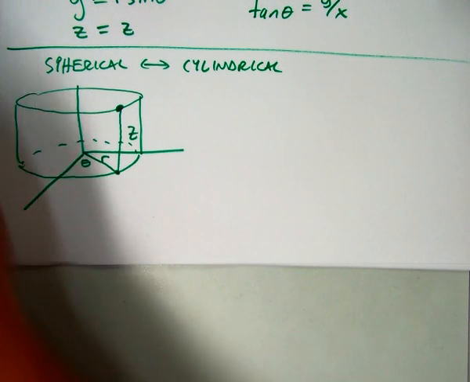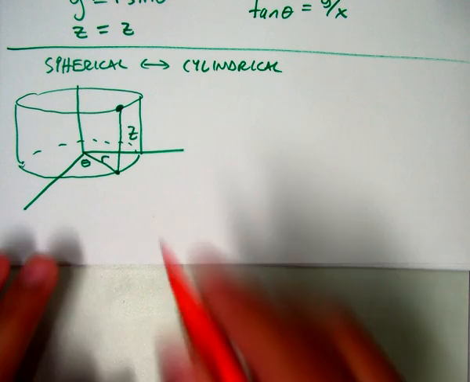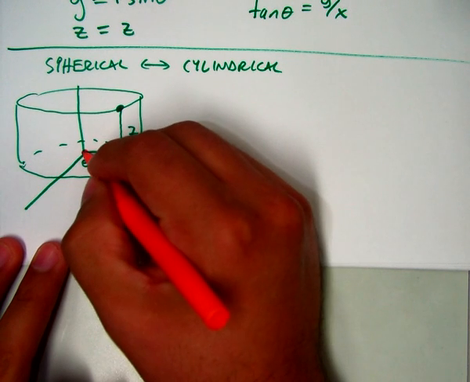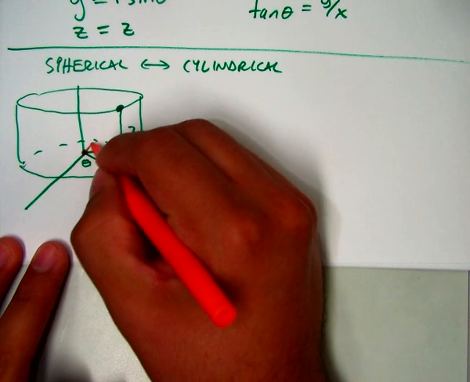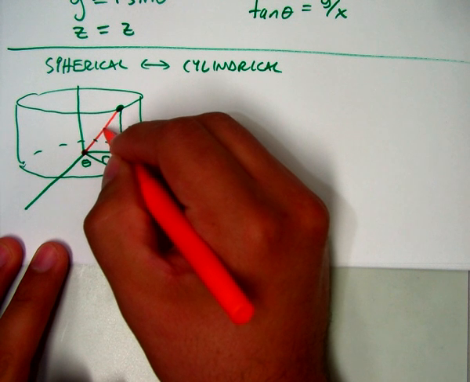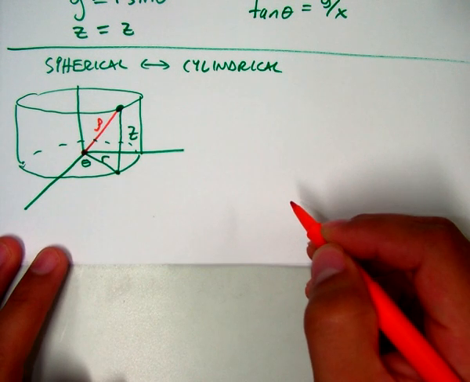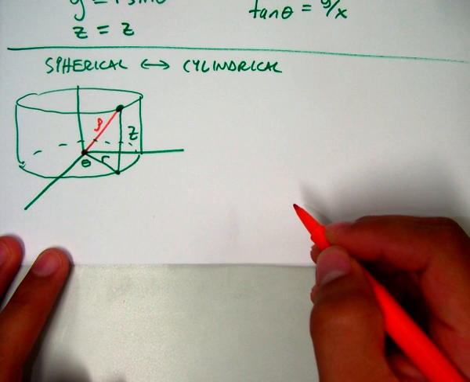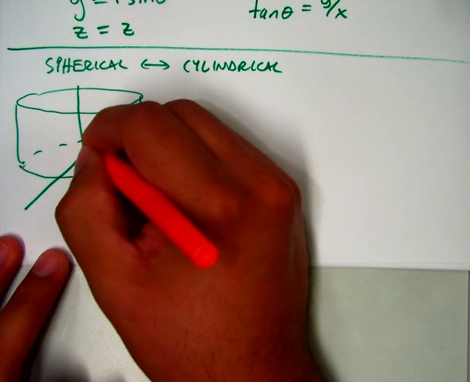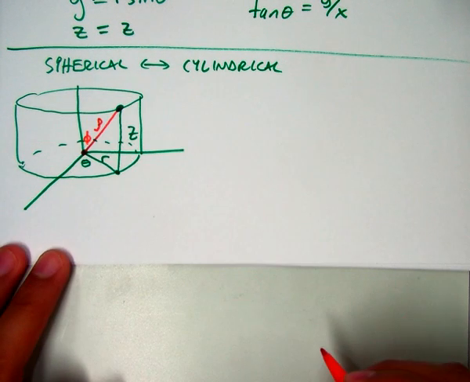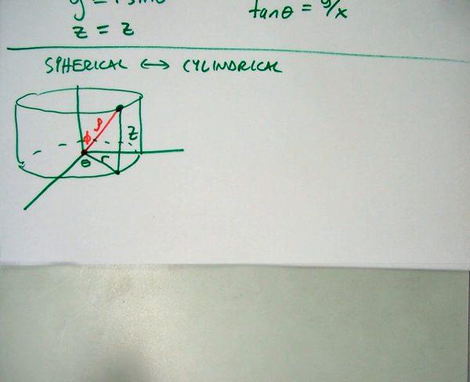Or if I go straight from origin to point, that could also be the radius in spherical, which we call rho. Does that make sense? And then, in addition, we have this phi that's made with respect to the positive z-axis.